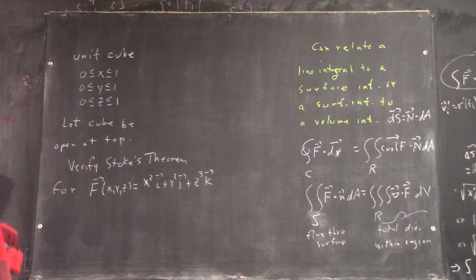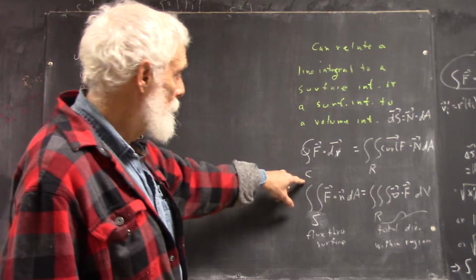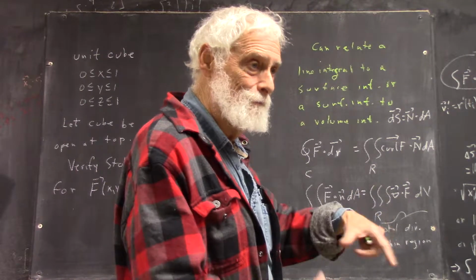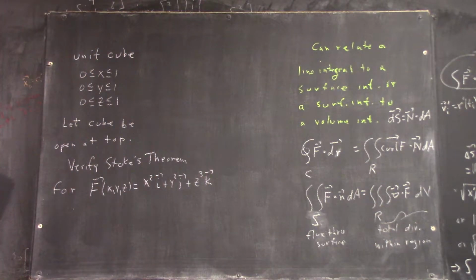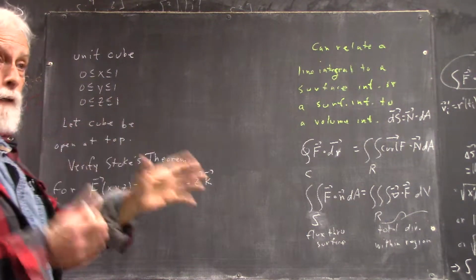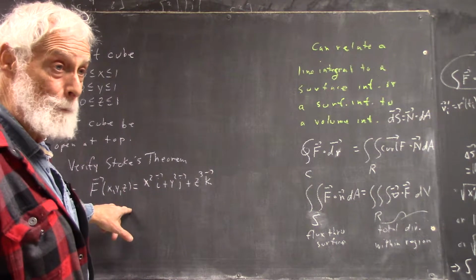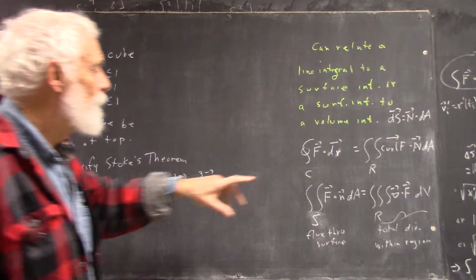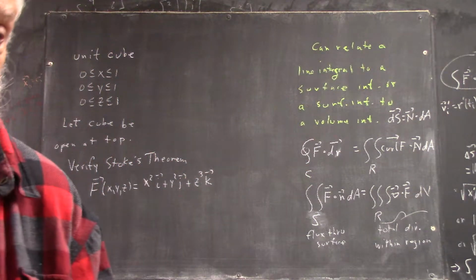So now we want to verify Stokes' theorem, that's this one. So we have to have a boundary and a region, an area, a surface. Well, the surface is just the 5 faces of this cube that don't include the open one, right? And the boundary of that surface is what? The top of the cube?